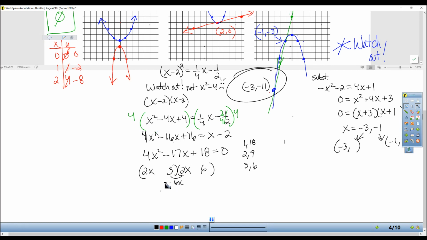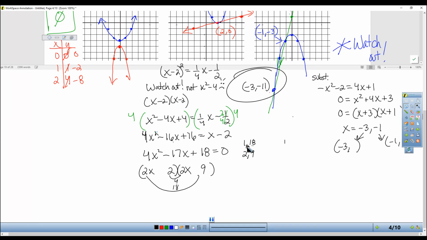That would give me 6x and 12x, which does not make 17. So that wasn't the perfect choice, but I'm going to go to my next choice, which is 2 and 9, which gives me 4 and 18, which also did not give me 17. Darn.